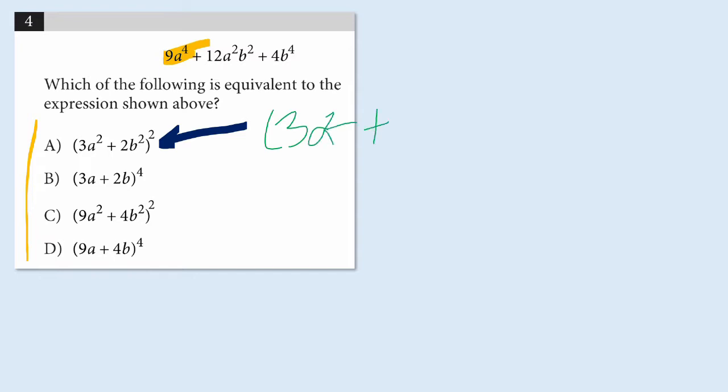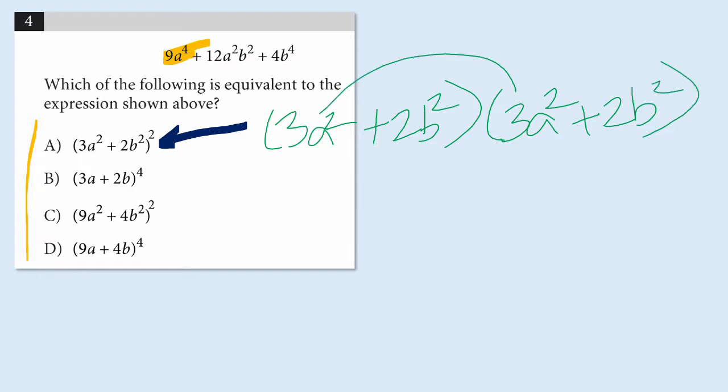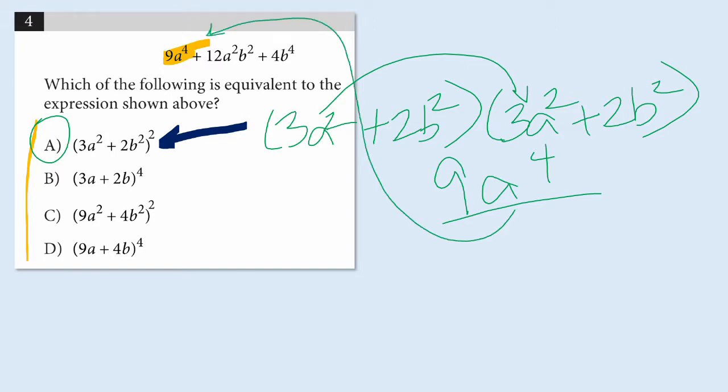All of that squared is just going to be the expression multiplied by itself. And the a term is going to be 3a squared times 3a squared, which is 9a to the fourth. That looks pretty good. So A looks like a contender, right? The a term I get when I multiply that expression out is 9a to the fourth, which matches 9a to the fourth.